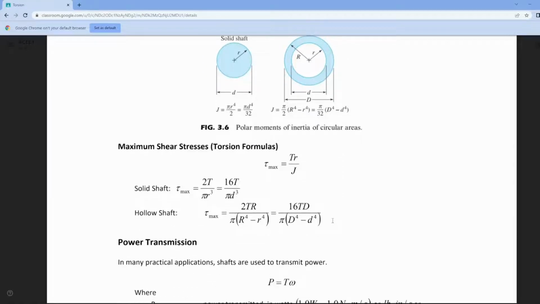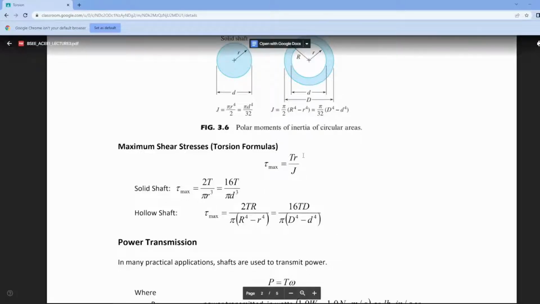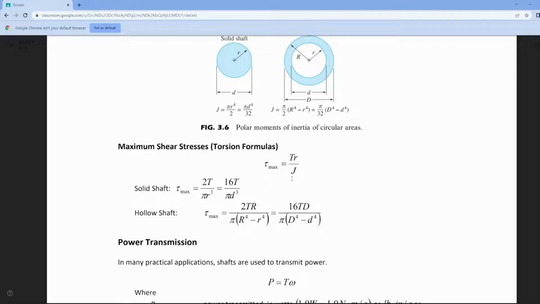Next, we have the maximum shear stresses. Earlier, we said tau is equal to T rho over J, wherein rho is the distance from the center. So, how do we maximize the shear stress? You maximize it by taking rho as the radius of the shaft itself.